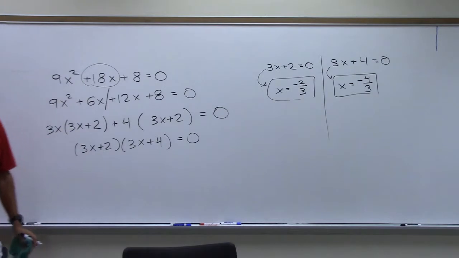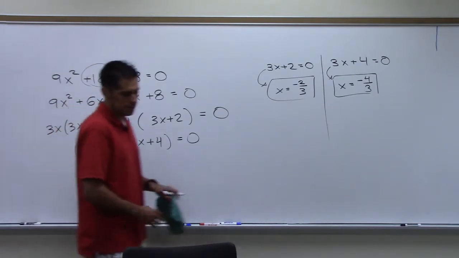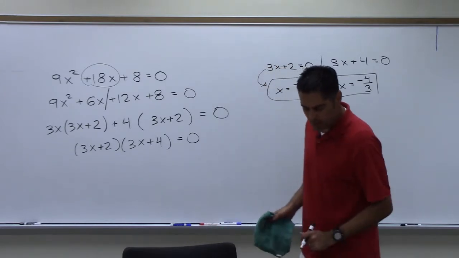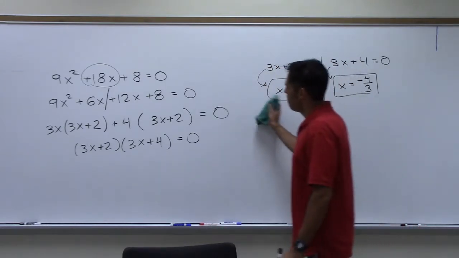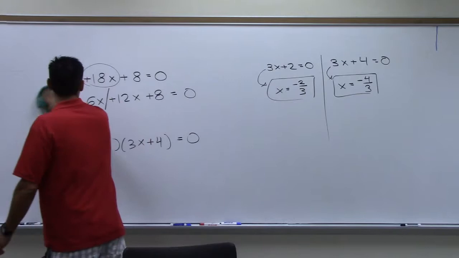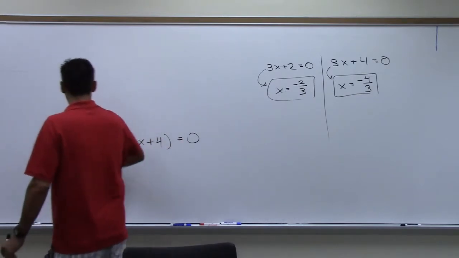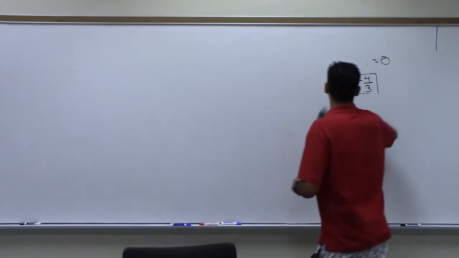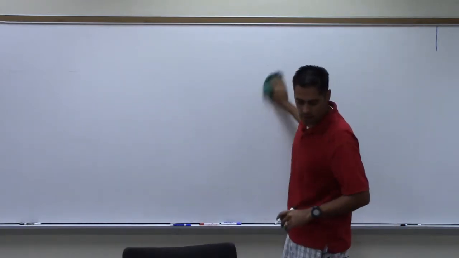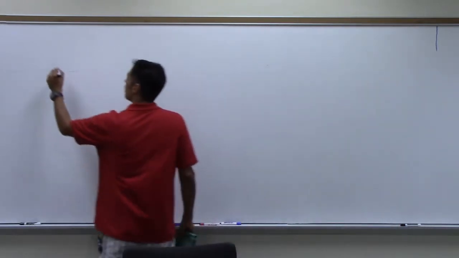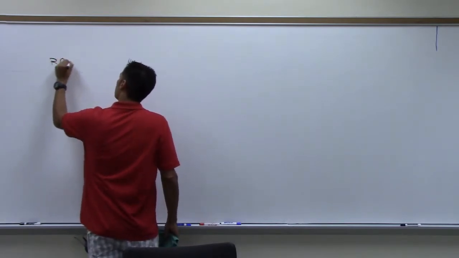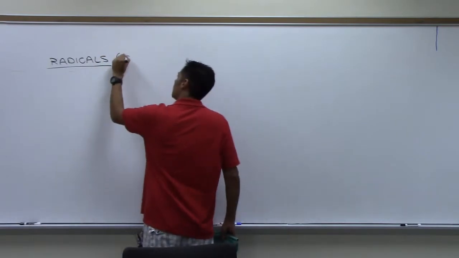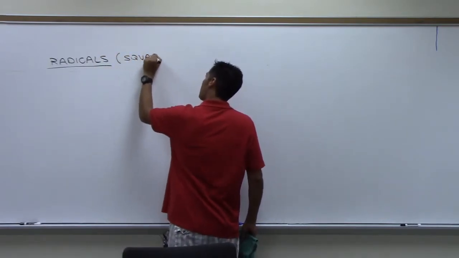Today we're going to do a couple more things involving solving quadratic equations, but we're going to take a look at something else before we continue. We're still doing solving quadratic equations, but we just need to do a quick recap of radicals, or if we want to say square roots.